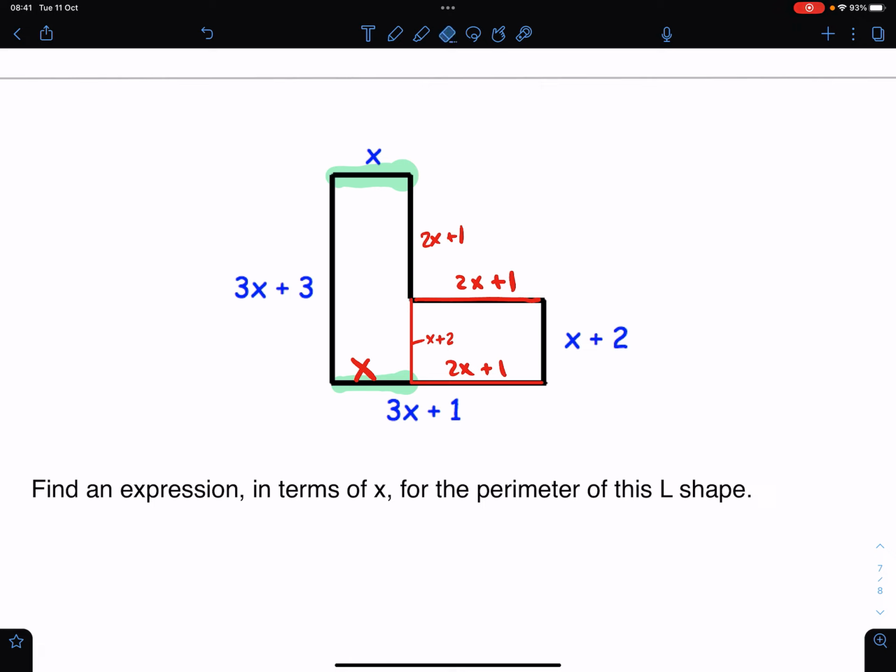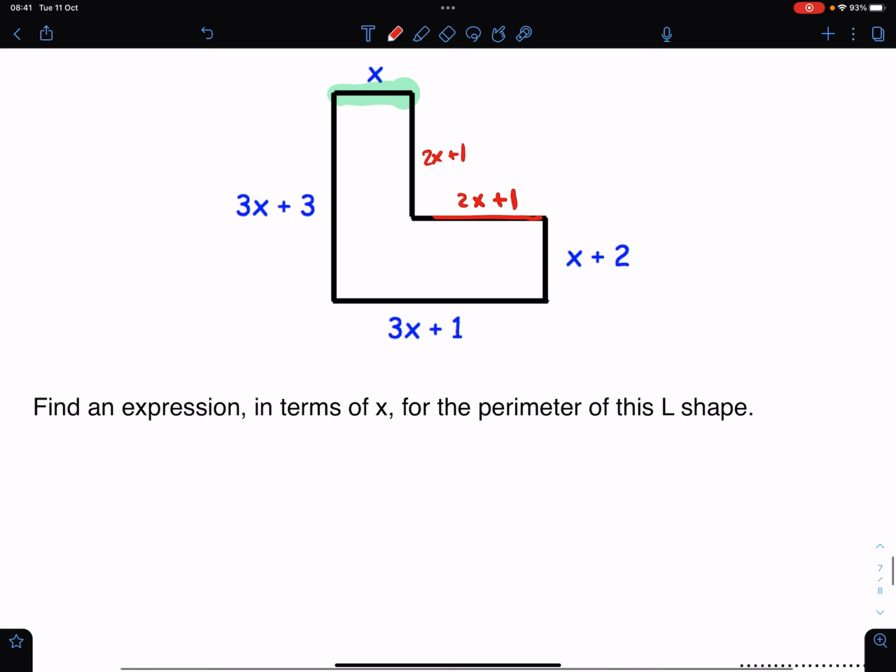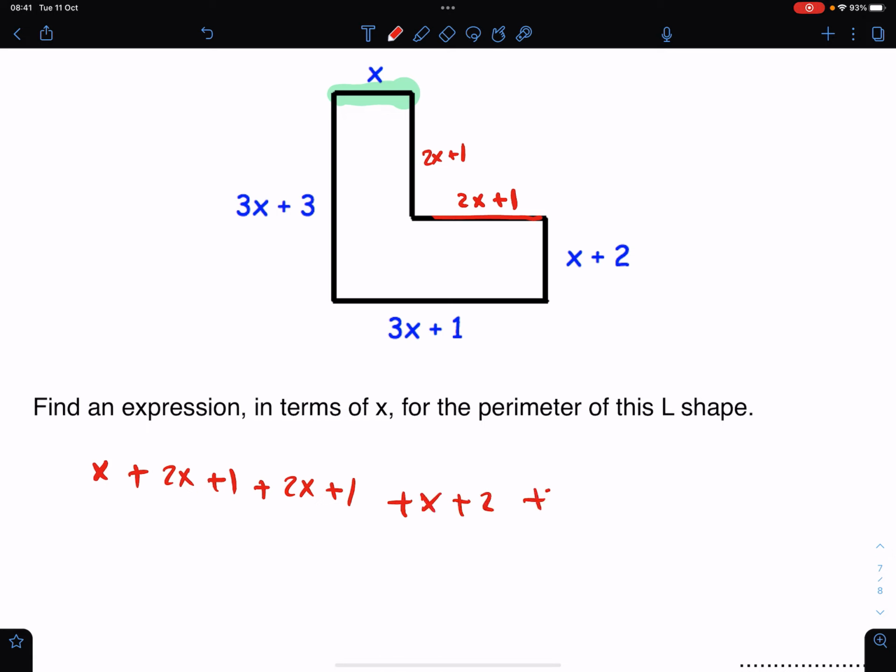So then, to find out perimeter, I found basically two missing sides. Now I'm gonna erase this part that I wrote because I already found, right? So I'm gonna add them up. x plus 2x plus 1 plus 2x plus 1, plus x plus 2 plus 3x plus 1 and plus 3x plus 3.